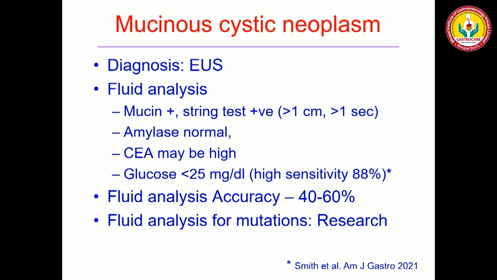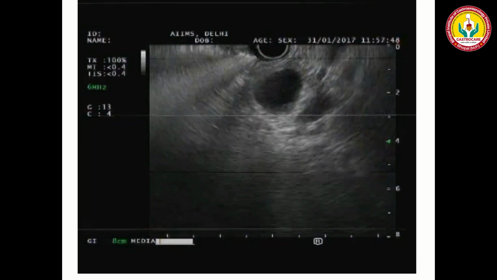If mucin is present, the string test is positive, amylase is normal, CA may be high, and a test that has come up recently is that if the glucose content is low, it is likely to be a mucinous tumor with a very high sensitivity. But overall fluid diagnostic accuracy varies from 40 to 60%. So the imaging characteristics are more important.